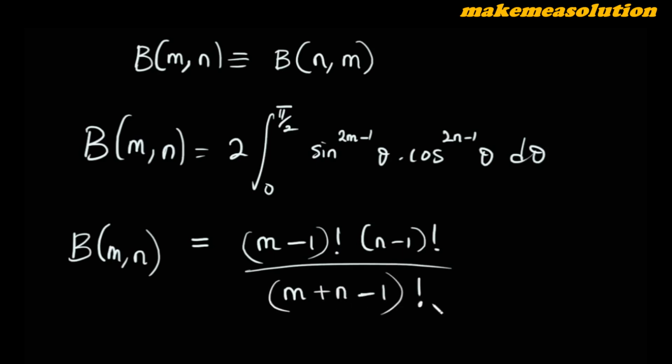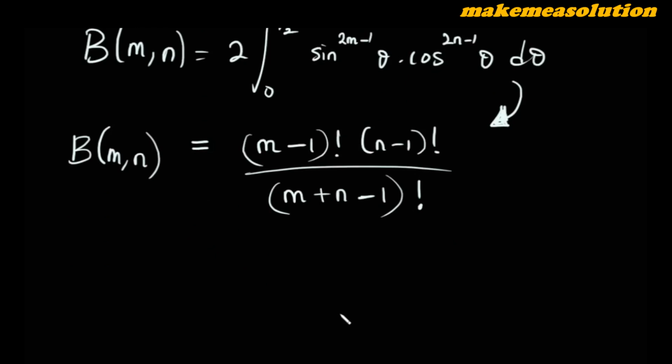Is that okay? So this is what we have been able to derive by solving this integral. When you solve this trigonometric integral, you arrive at this particular case. So this is the factorial representation for beta functions.